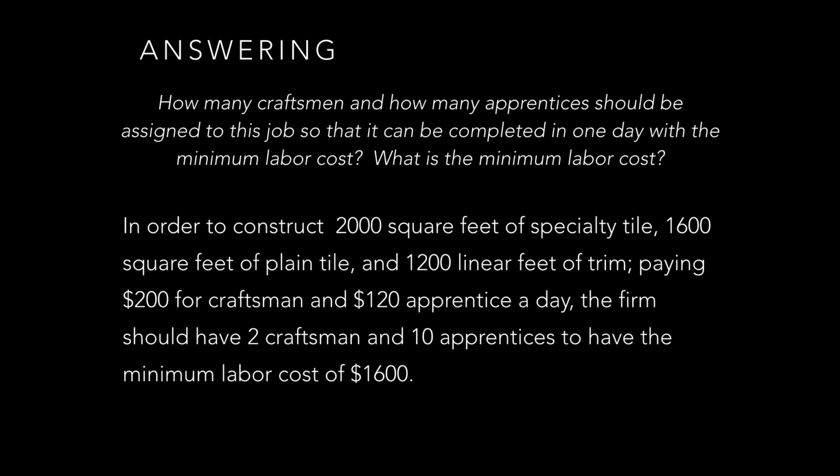In order to construct 2,000 square feet of specialty tile, 1,600 square feet of plain tile, and 1,200 linear feet of trim, paying $200 for craftsmen and $120 for apprentices a day, the firm should have 2 craftsmen and 10 apprentices to have the minimum labor cost of 1,600.